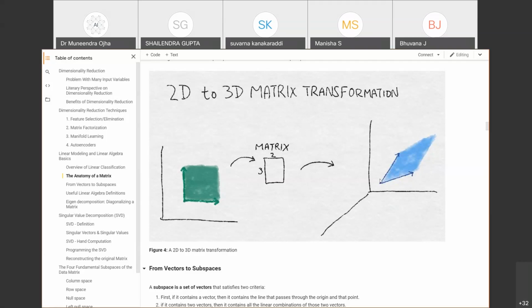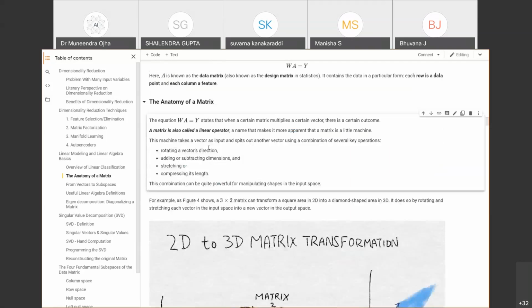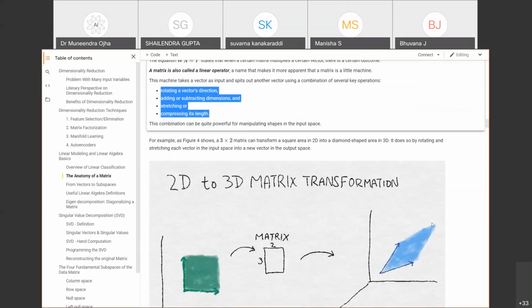This data matrix will be multiplied with, or operated upon by, several matrices, several operators, which we will call little machines. These linear operators will work upon the data matrix so that the shape of the matrix changes as per our wishes. When the shape changes, we will be able to find new properties of the original data matrix.